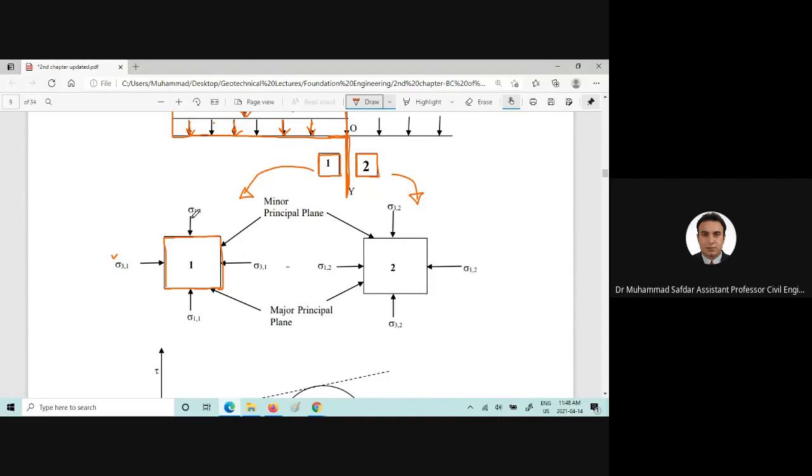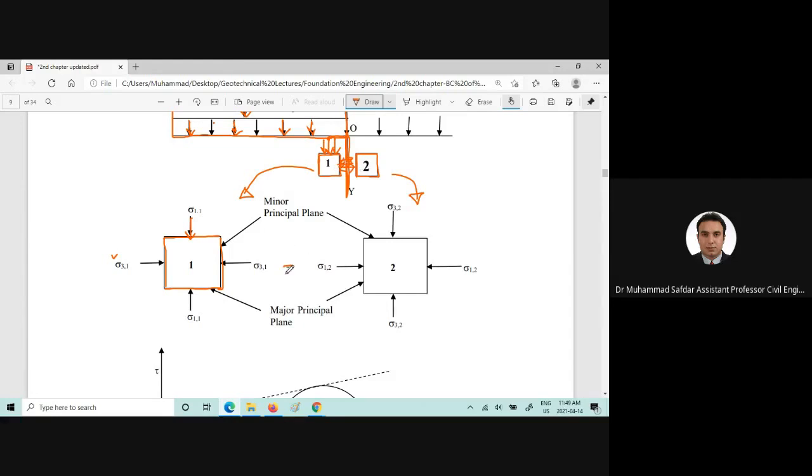Now, as the ultimate load is applied on top of this element, there will be a horizontal component which will be transferred. For example, here I would say that if the stress is applied, that stress will also be transferred in the horizontal direction, and the horizontal stress will be equal on element number 1 and element number 2.